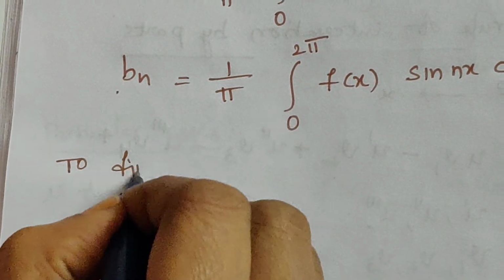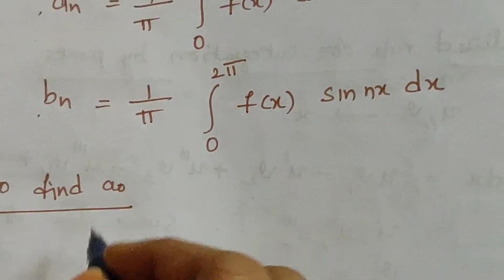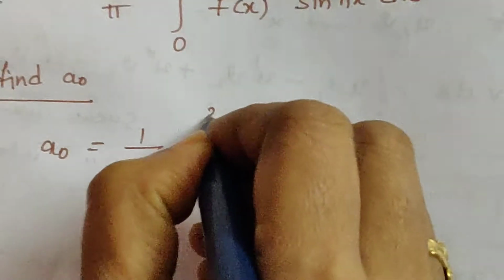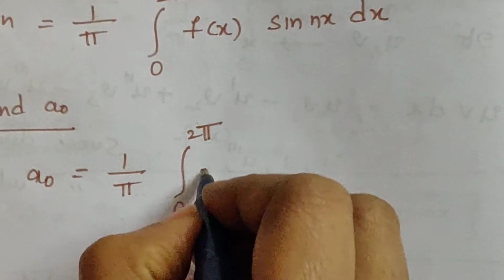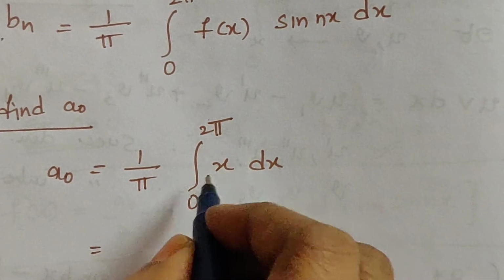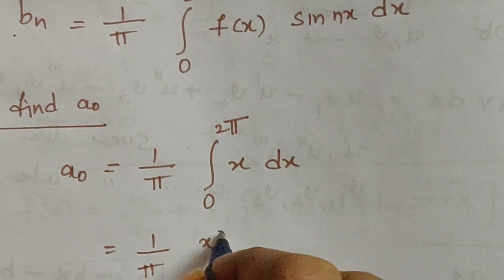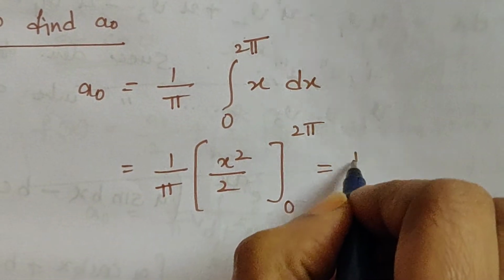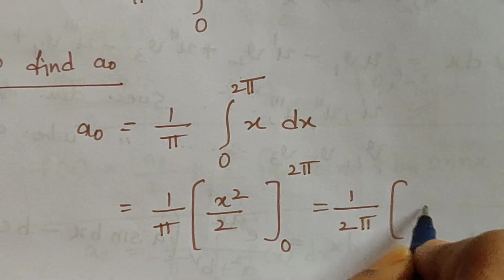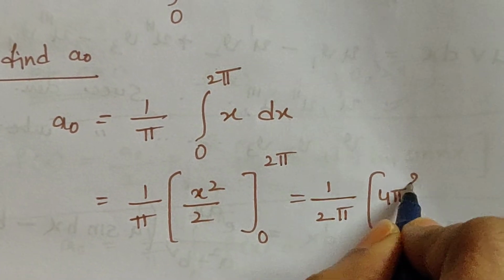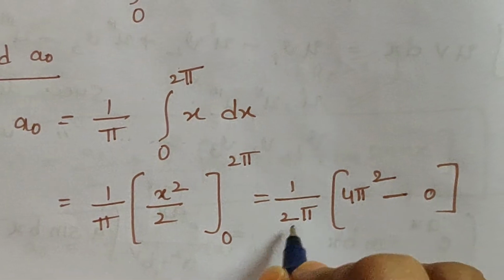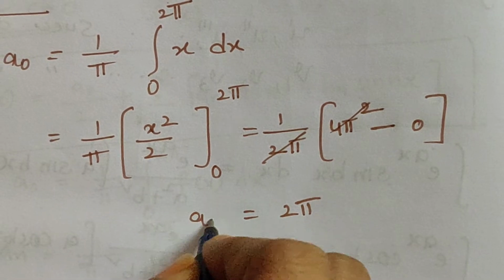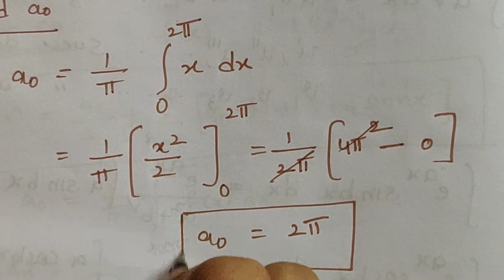To find a0, according to the a0 formula, a0 = 1/π ∫ from 0 to 2π x dx. The integral of x is x²/2, limits 0 to 2π. Substituting the upper limit 4π² minus the lower limit 0, the 2π cancels, remaining 2π. So a0 = 2π.